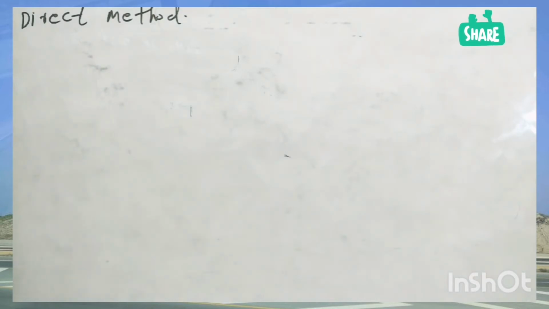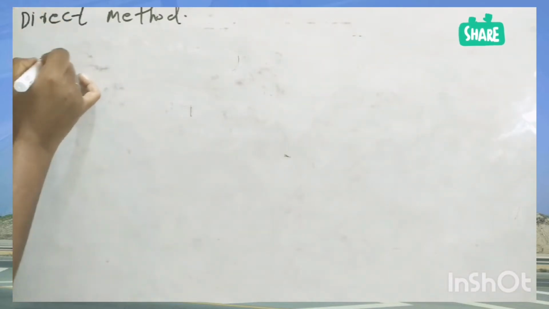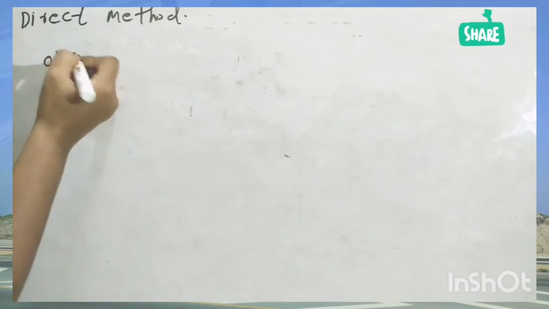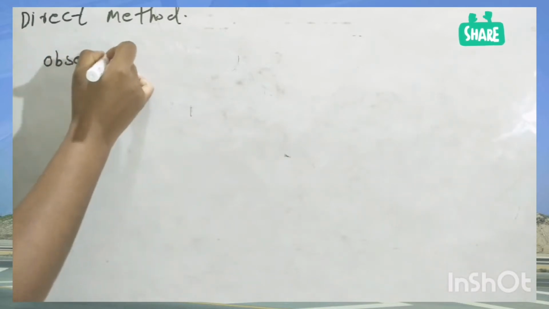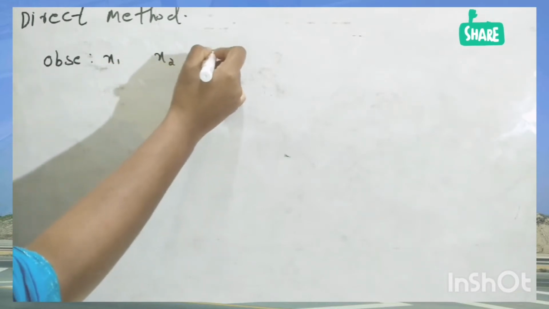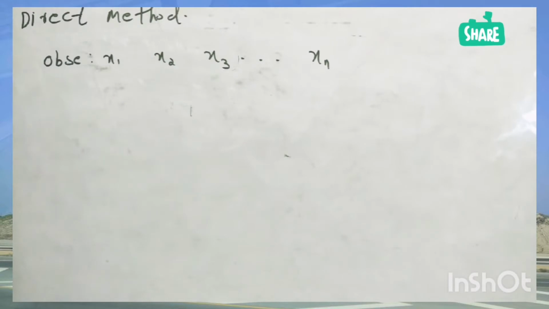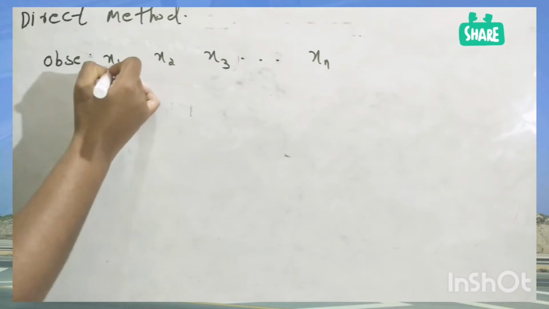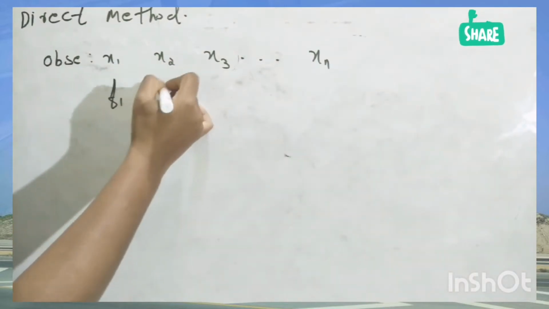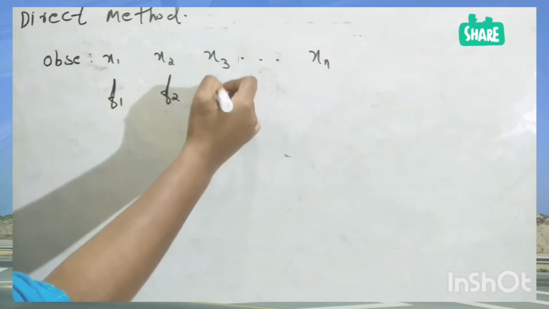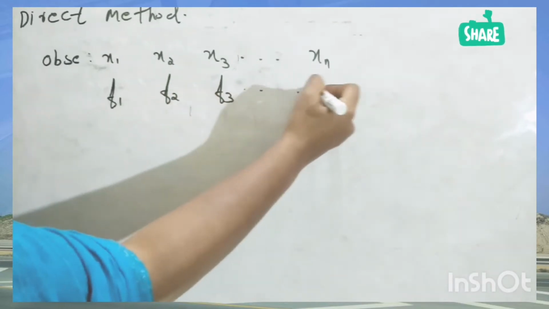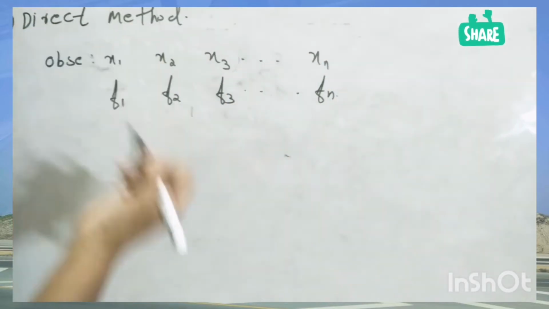Mean means average. Suppose we have n observations, that is x1, x2, x3, etc. xn, and this x1 repeats f1 times, x2 repeats f2 times, x3 repeats f3 times, etc. xn repeats fn times.